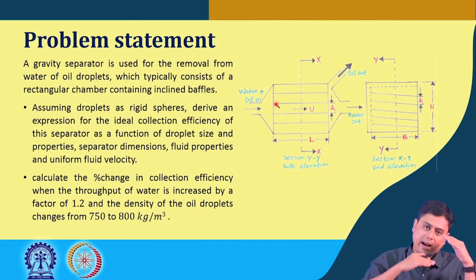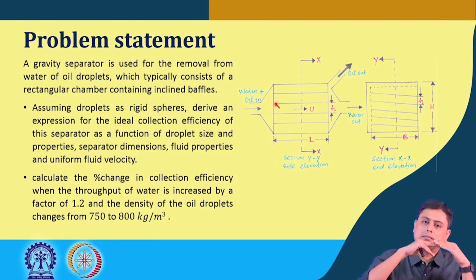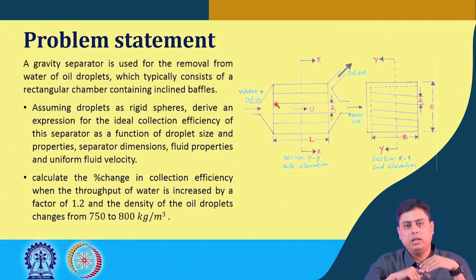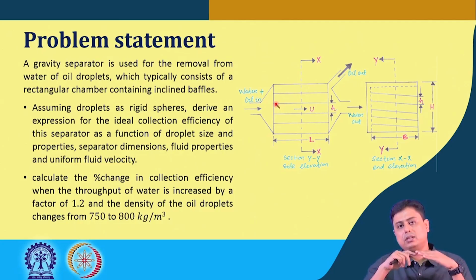Those at the base of the lower baffle will take a longer time, but depending on the diameter, that minimum velocity can be reduced. So, let us say if we have 50% or let us say 25% of the particles within this terminal velocity range.